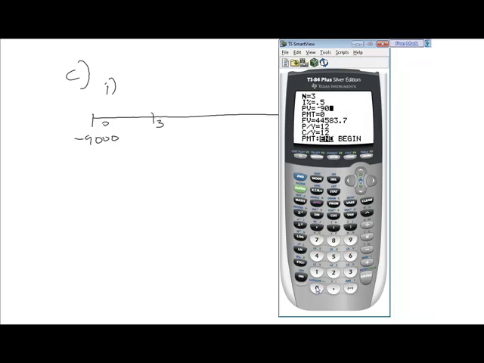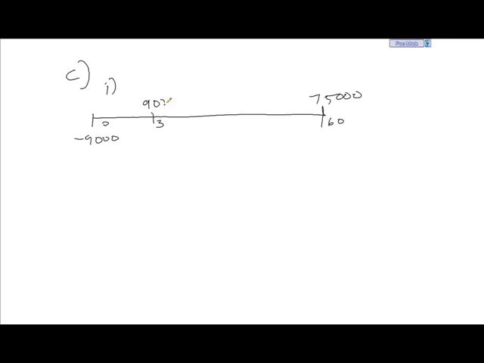Negative 9,000 at 0.5% for 3 months will be worth, in 3 months, $9,011.25. Okay, so that's what that would be worth.